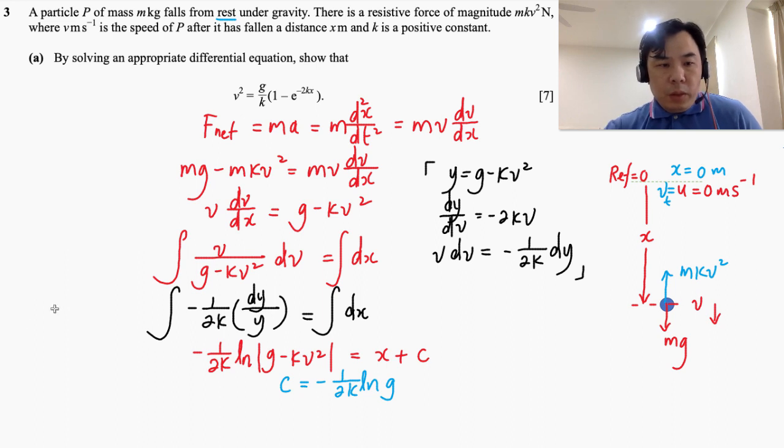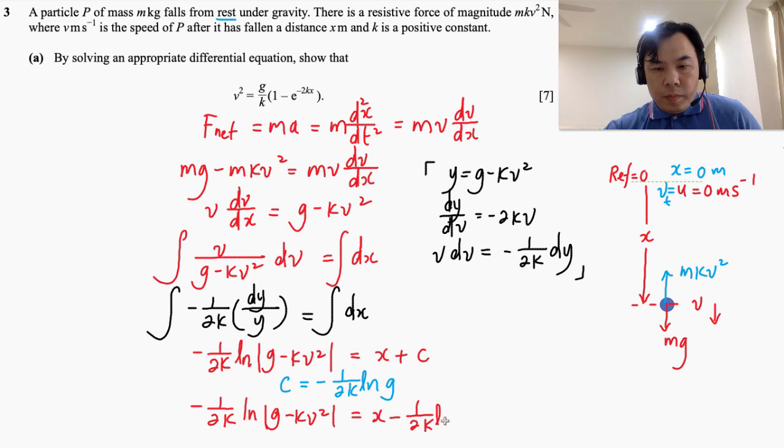Now from here onwards, I can rewrite this equation as this. All right, and then there you have it. Now those are the equations that we have at this point.